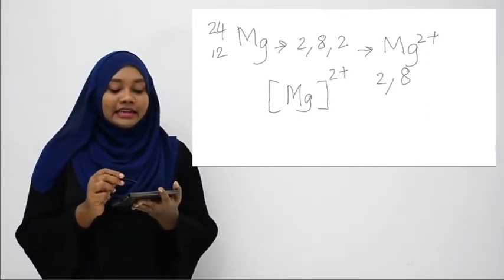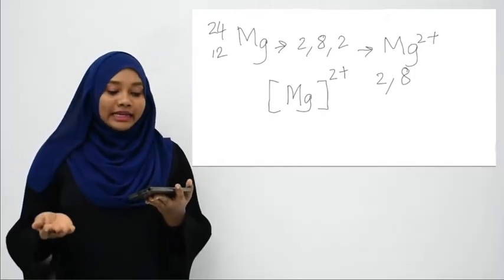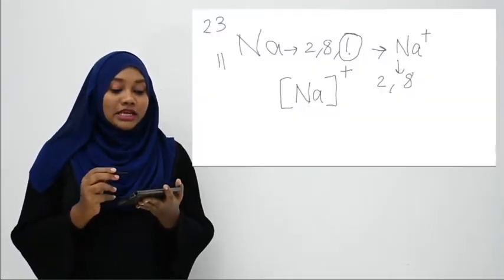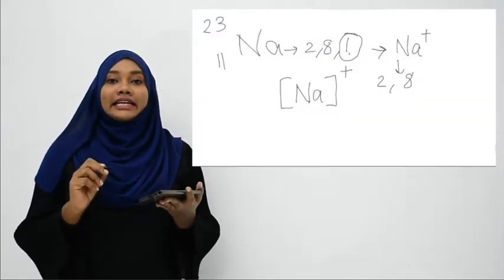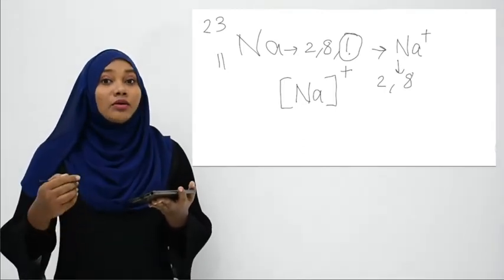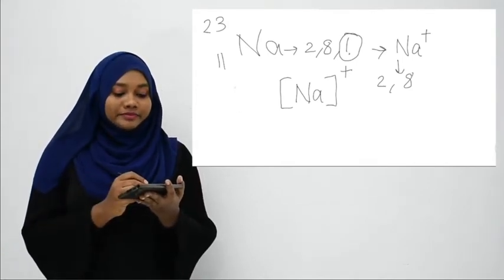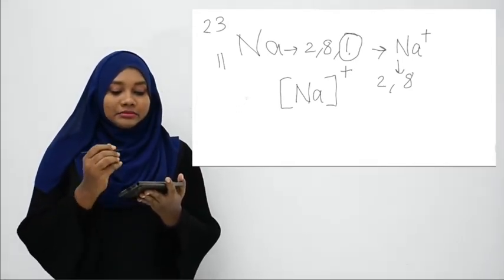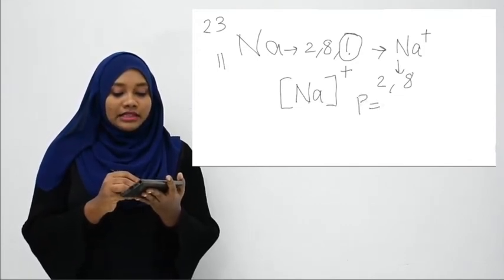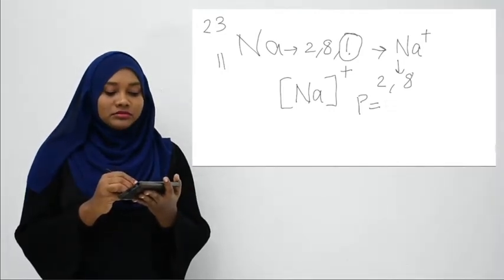And then next, let's move on to how to calculate the number of subatomic particles in ions. You have already studied how to calculate the number of subatomic particles in atoms. Now ions are different, right? So in the sodium ion, the number of protons is the same as in the atom.